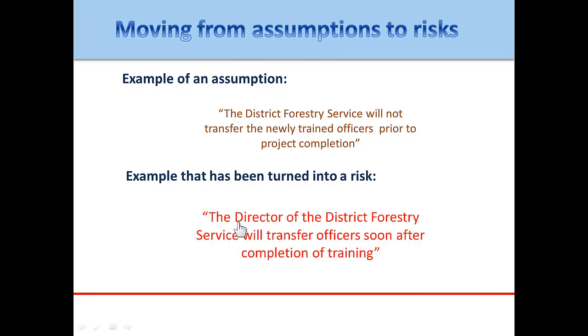One risk statement that could be associated with this assumption after the conversion would be: the Director of the District Forestry Service will transfer officers soon after completion of training. This is an example of a risk that needs to be managed.